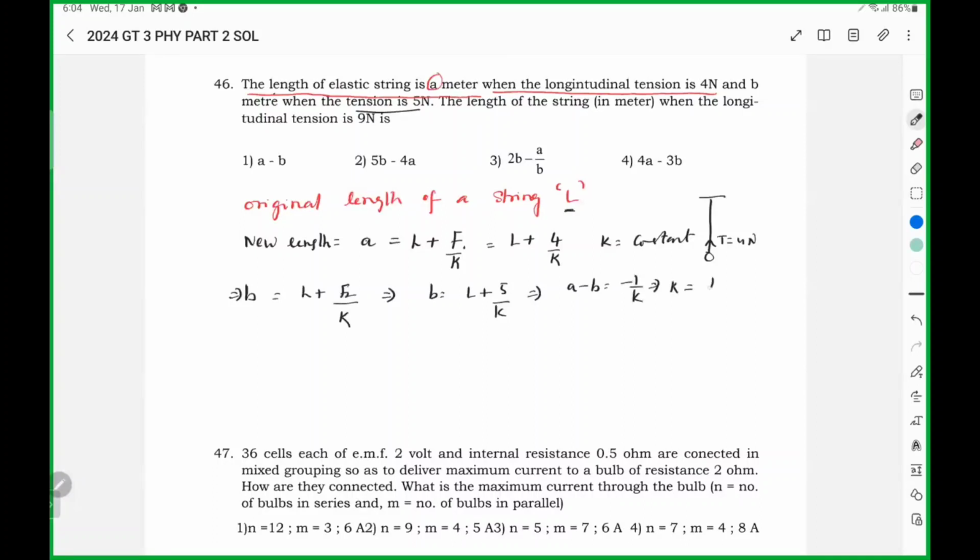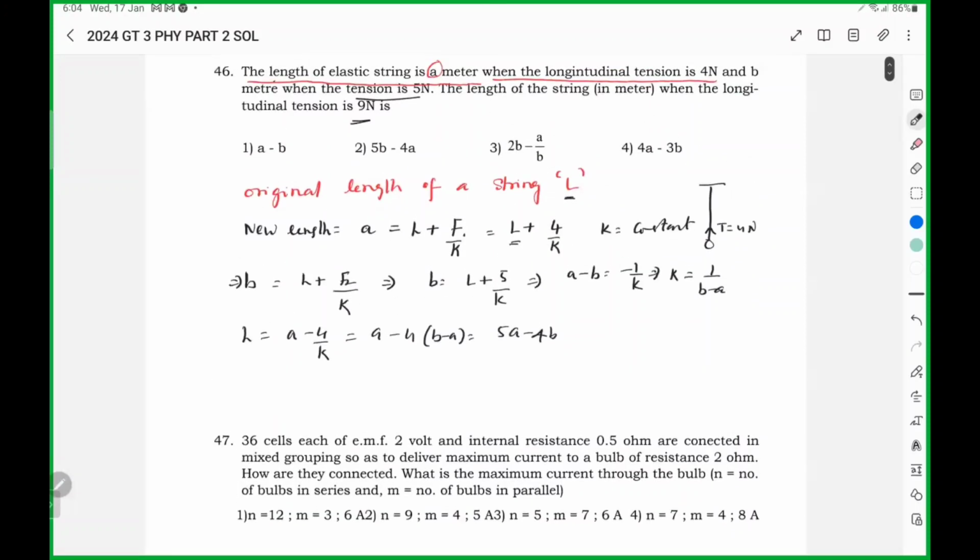So to find the original length, 1 by K is B minus A, and L is 5A minus 4B.